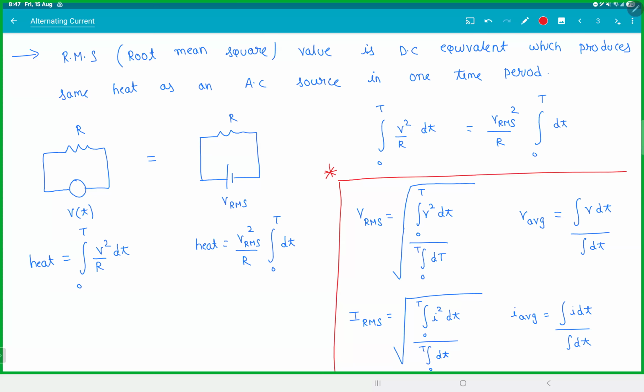Go ahead. So if you want VRMS, use V square, IRMS, use I square dt. And remember, you're defining it for one time period. That's the reason AC current has to be periodic. If it's not periodic, you can't define a DC equivalent.